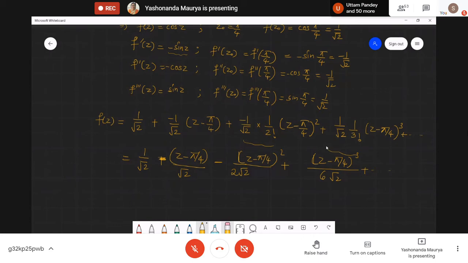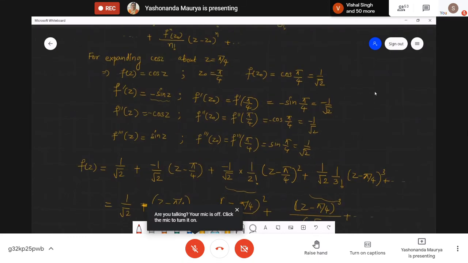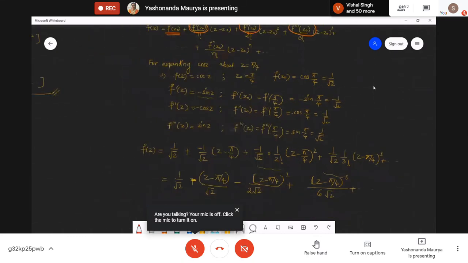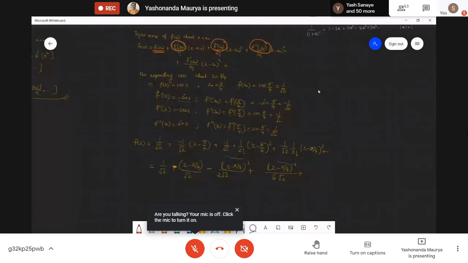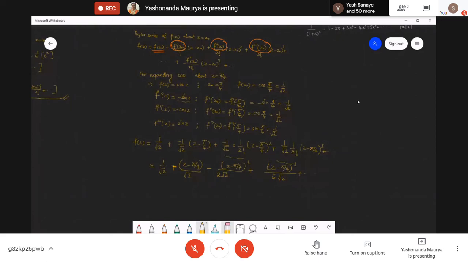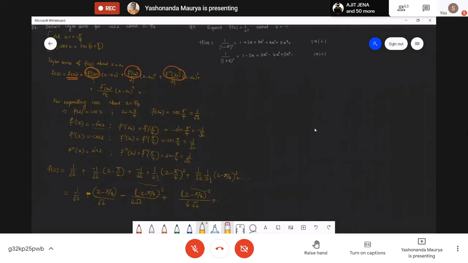So this is the Taylor series. This is the way we can find out the Taylor series. This we have already seen actually. It's just a quick revision of that.